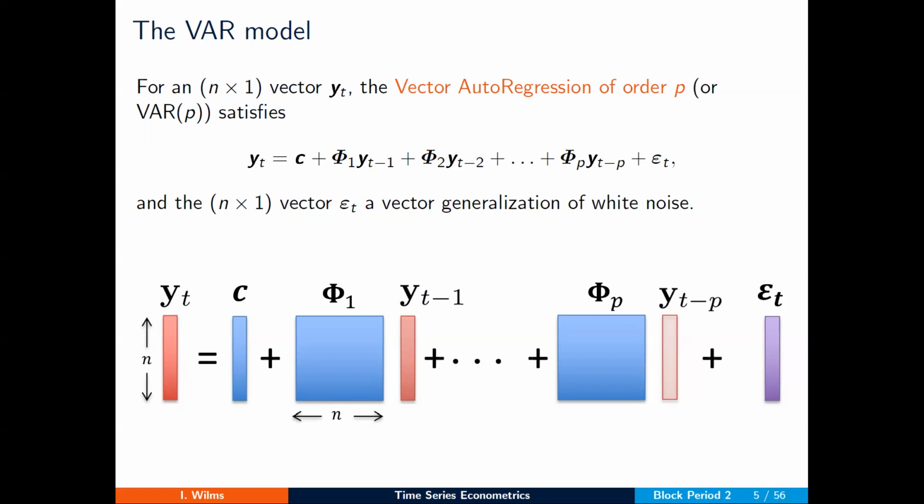Now, this looks very much like our model equation of the autoregressive model from last week. Now, we are just jointly modeling a system of equations where we have n constant terms in the model collected in the constant vector C. And our main parameters of interest are now the autoregressive parameter matrices phi1 up until phi p, which are of dimension n times n.